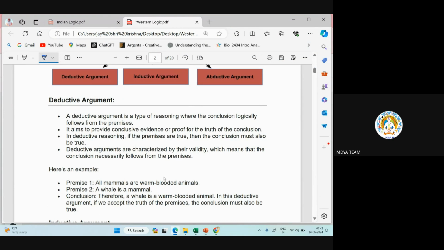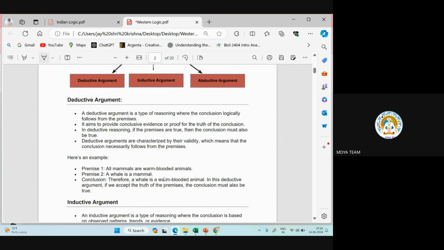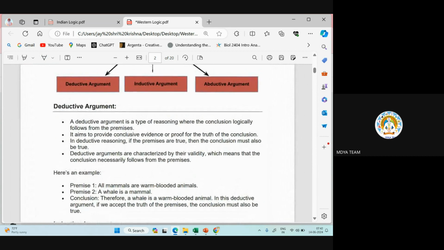A deductive argument is a type of reasoning where the conclusion logically follows from the premises.